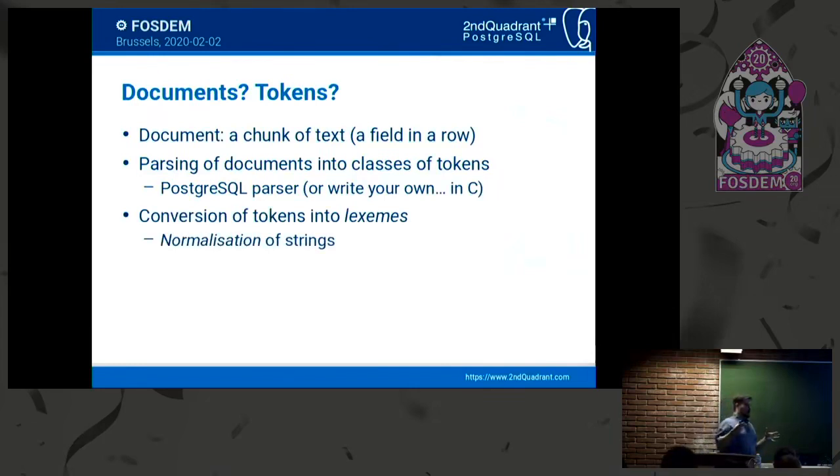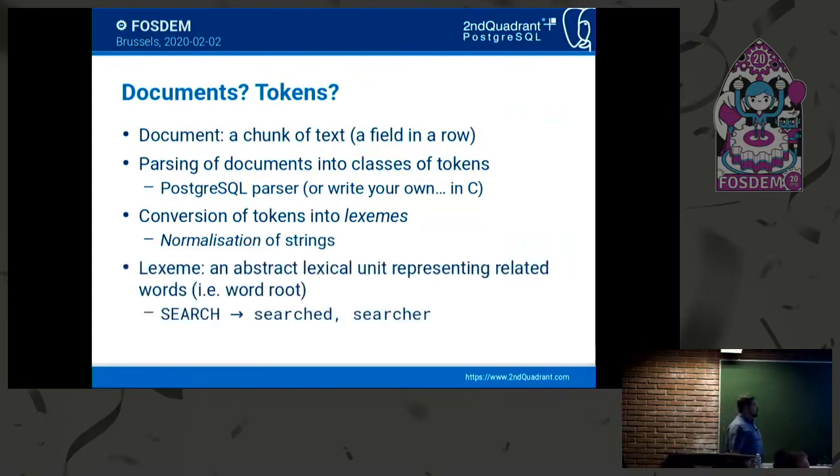Now, in order to do anything useful with our data set, we need to convert the tokens from these documents into lexemes. Therefore, we have to perform what is called the normalization of our strings. We have to turn them into some more usable form from their original form. And what is a lexeme? It's an abstract lexical unit representing the set of related words.